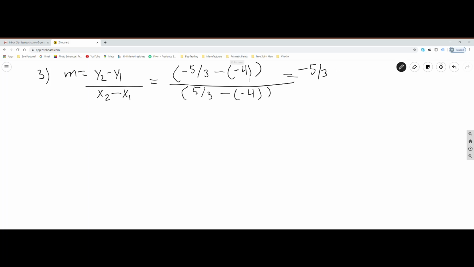You can change this to have the denominator of 3. If you change this to have a denominator of 3, it would be plus 12/3, because if you divide 12/3, you get 4. So then over here, we do 5/3 plus 12/3.